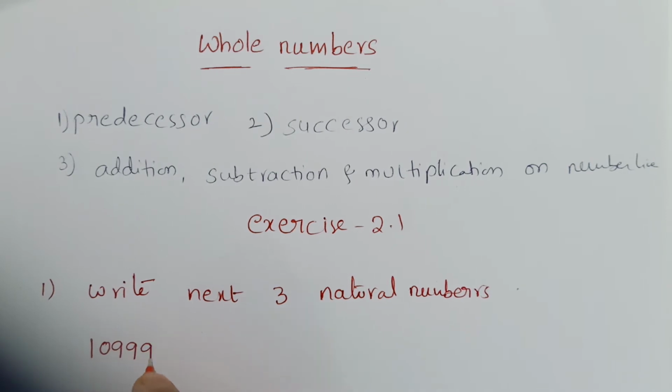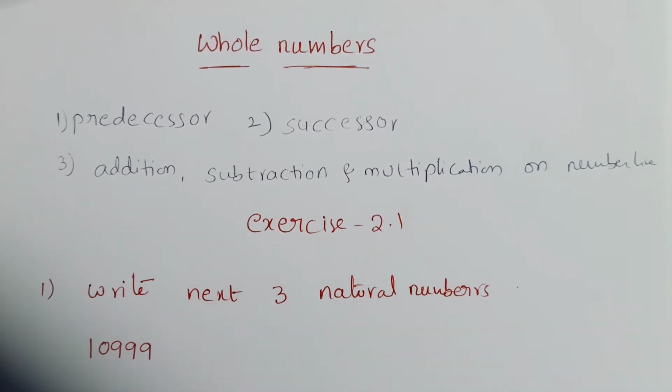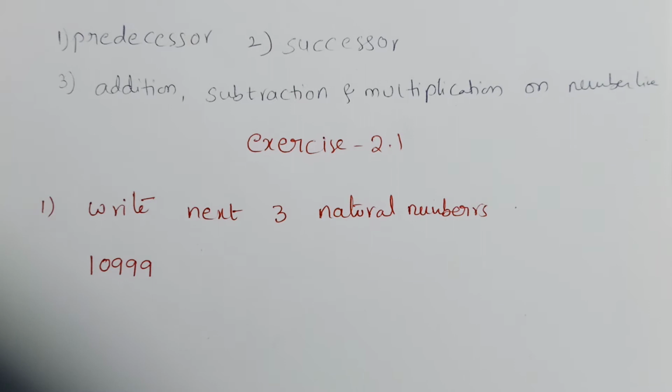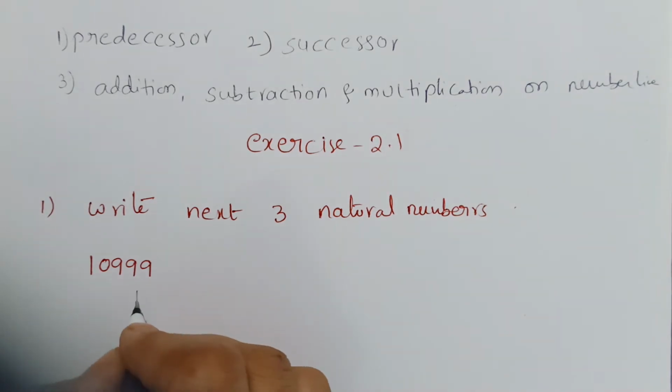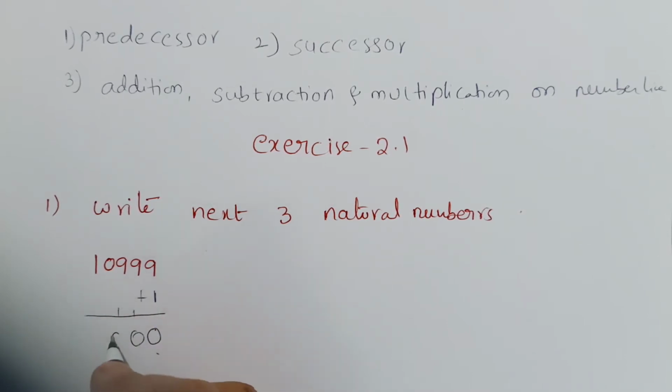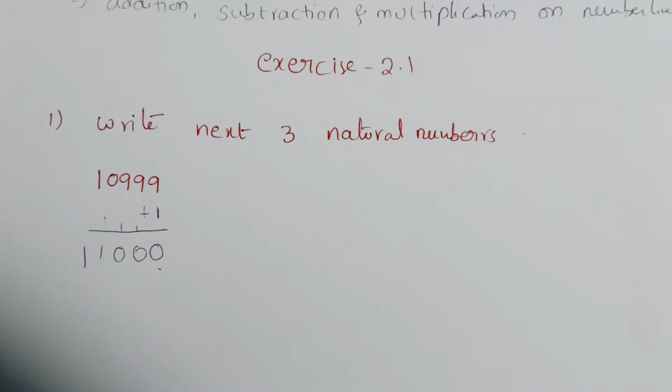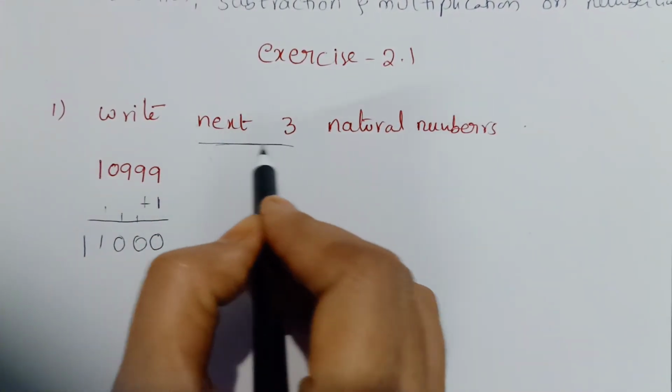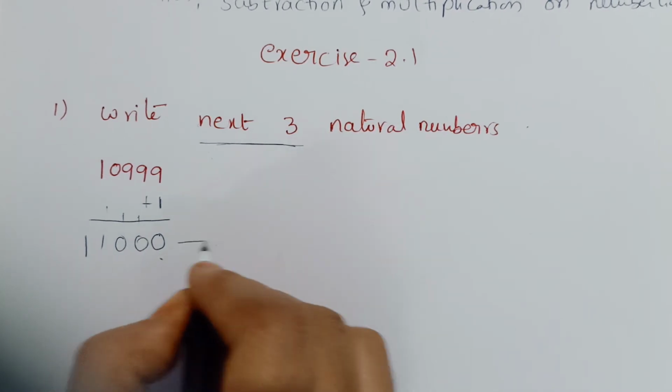10999 is given. Write down the next natural number for this one. How do you write the next natural number? It means successor. Just add +1 to this. They asked in the question for the next three natural numbers, so this is one natural number.